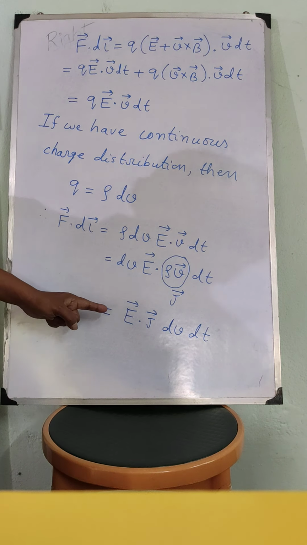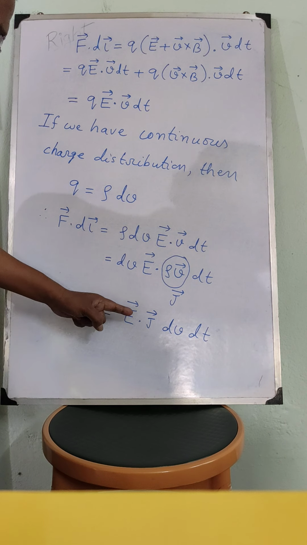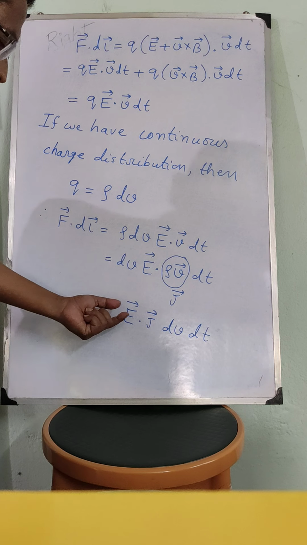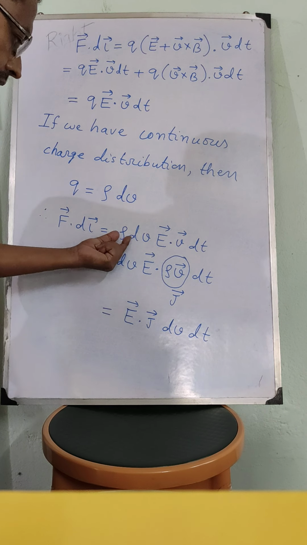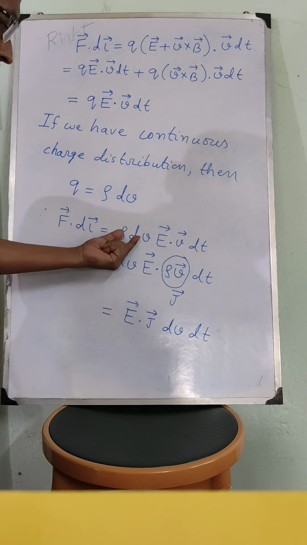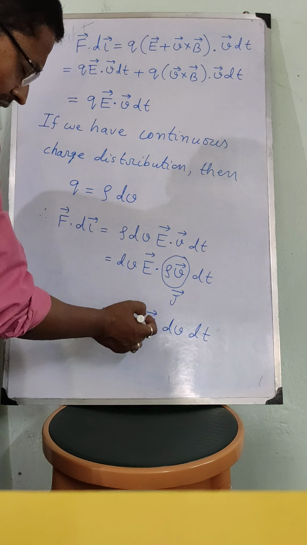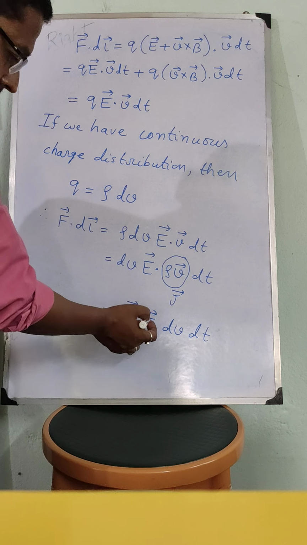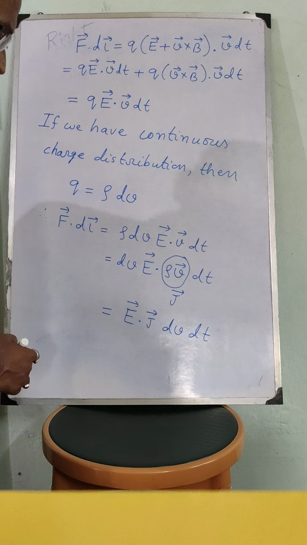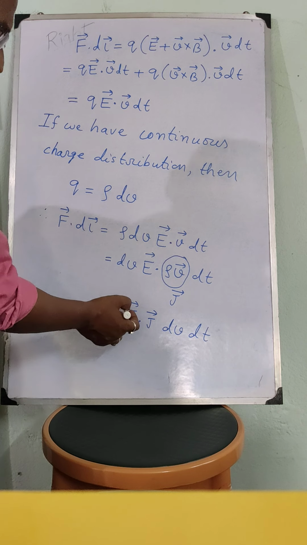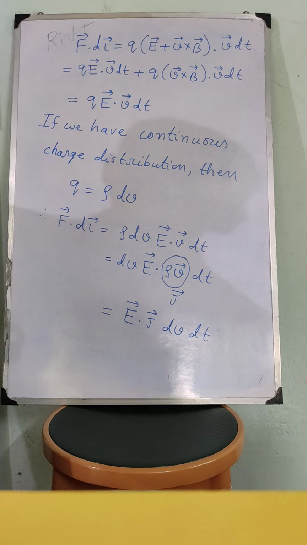So this is the expression of the work done by the electromagnetic field on a differential charge rho dV in time dt. What is the time rate of work done, or the work done in unit time?